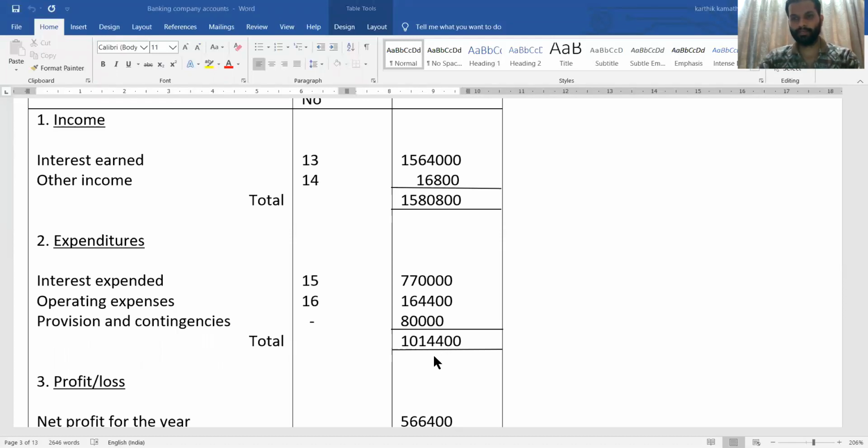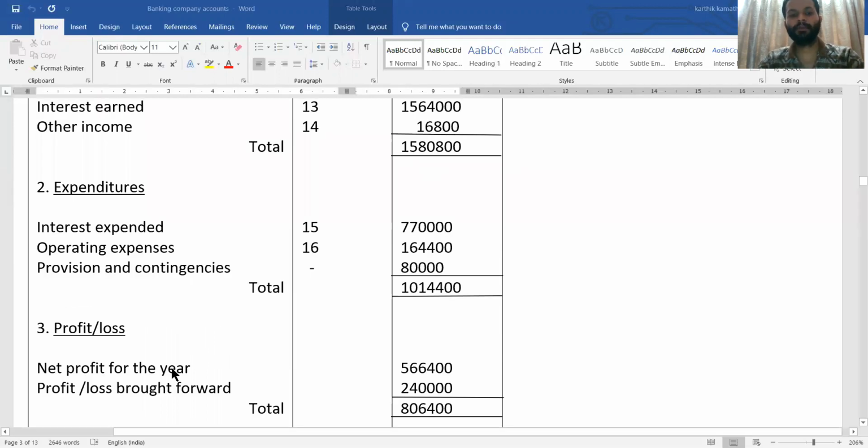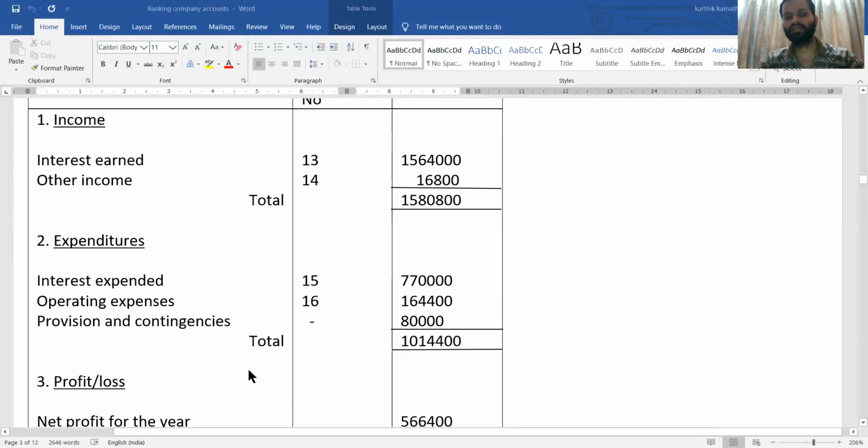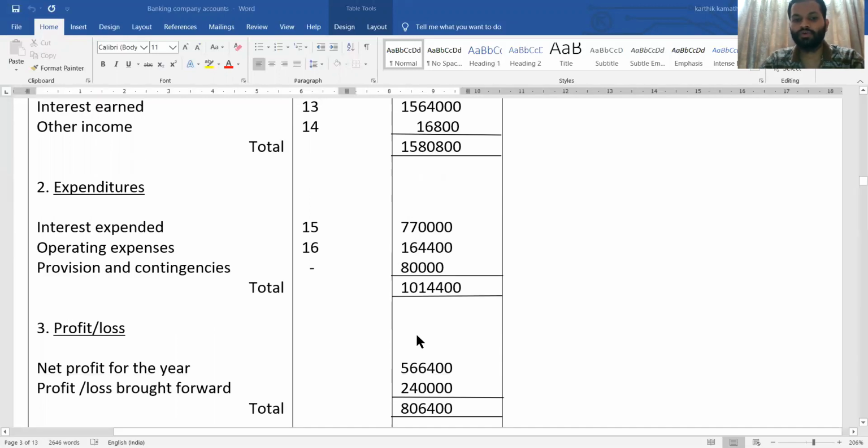Now the third head is profit and loss account. First thing is net profit for the year. So how are we going to calculate this year's net profit? That is income minus expenditure. Income total we now know is 15,80,800 minus expenditure total, that is 10,14,400. If you deduct these two, you will get the amount 5,66,400, net profit for the year. Next, profit and loss brought forward.